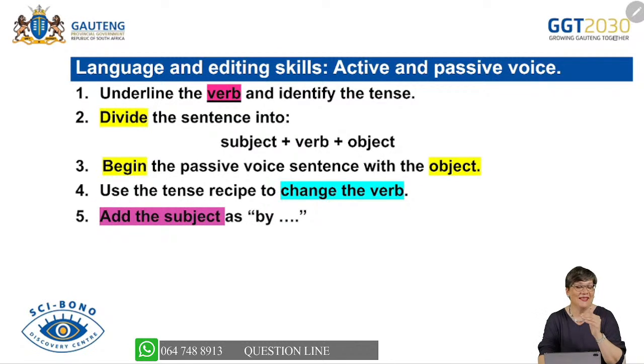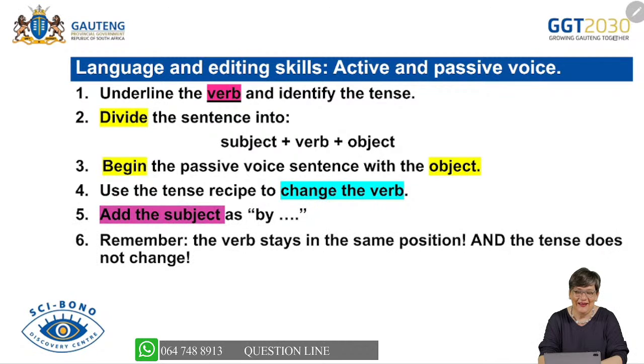Now, if you've done this, you'll be able to do active and passive voice. Very important. The verb stays in the same position. And we're not changing the verb. The tense never changes. With reported speech, we moved 1 step into the past. But with active and passive voice, it stays as is.